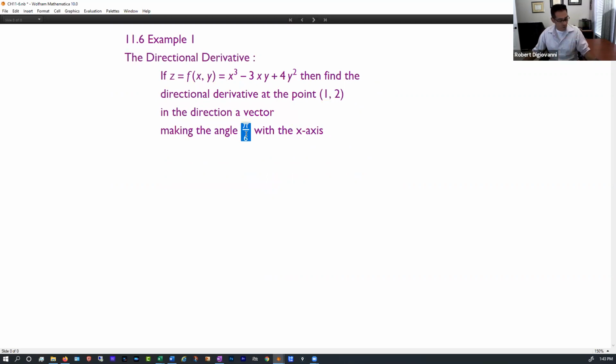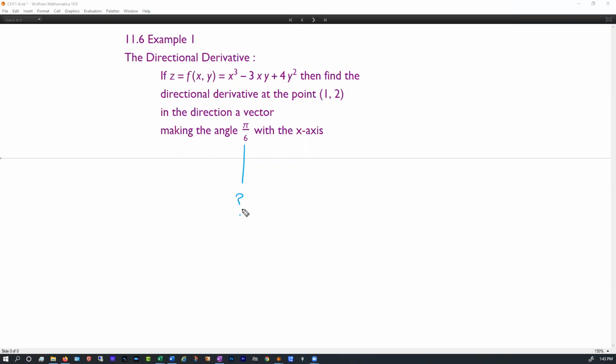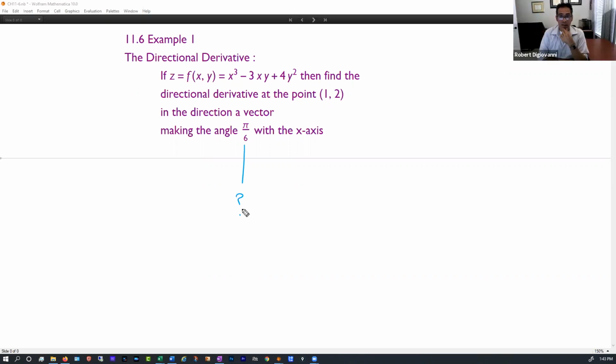But what if I ask you, what does this angle need to be so that when you walk, you'll have the biggest slope that you could possibly get compared to all other directions? Does it seem like that would be a difficult thing to answer? It does seem like it would be, right? Because you have to compare all possible directions, which would seem really hard.